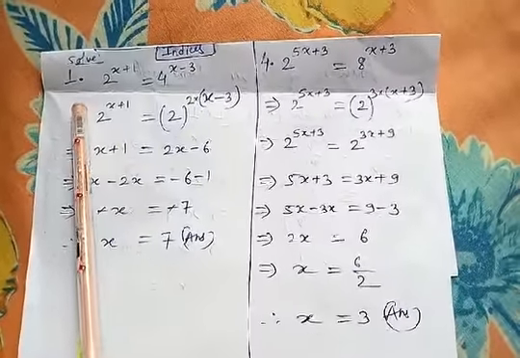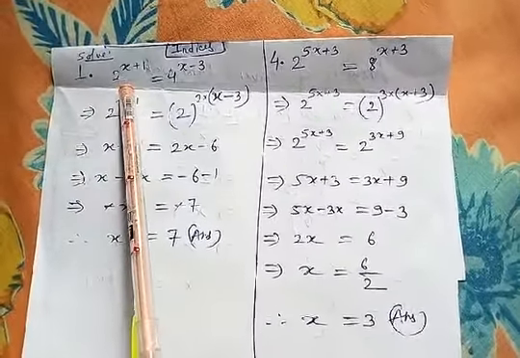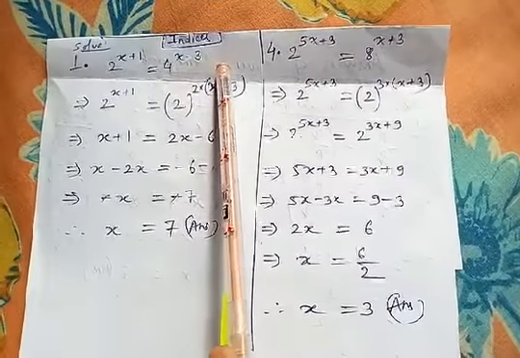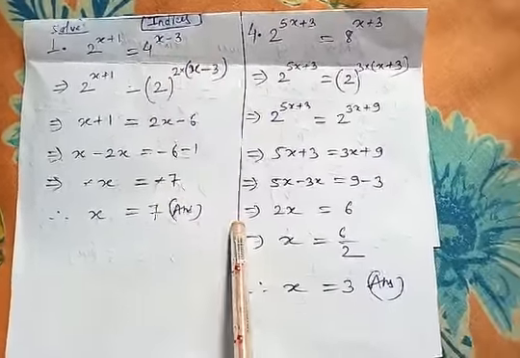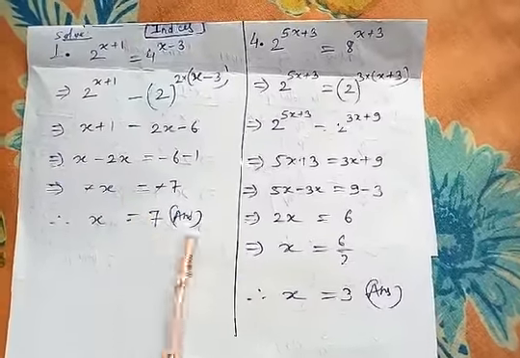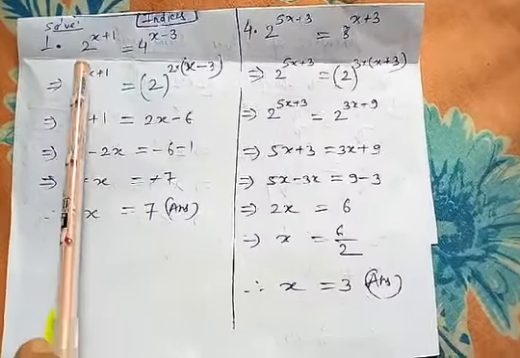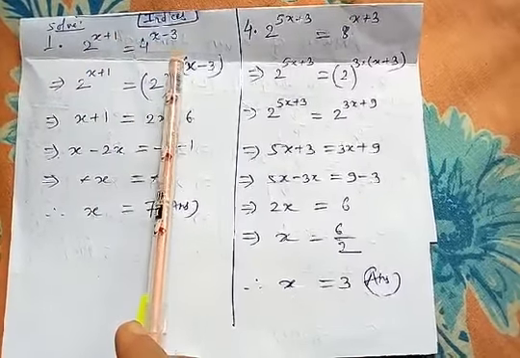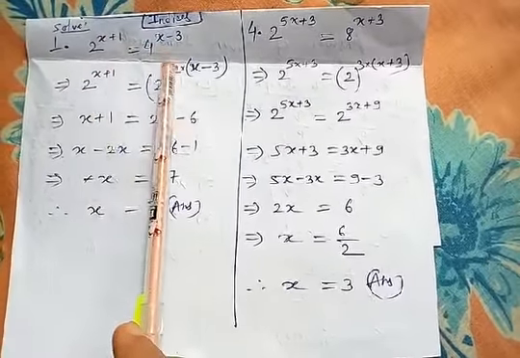So let us begin. Number 1 question, 2 to the power x plus 1 equal to 4 to the power x minus 3. So in this chapter, let me tell you all once again that we need to target to make the base on both sides, LHS, that is left hand side, and right hand side, equal.